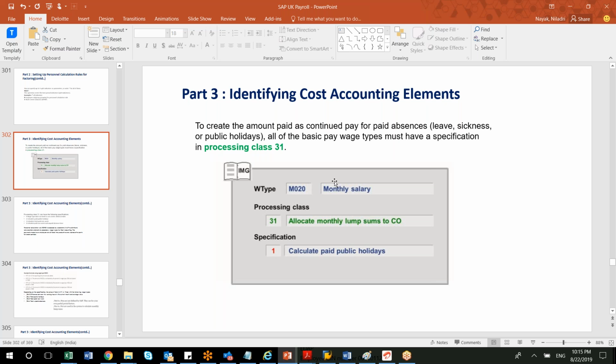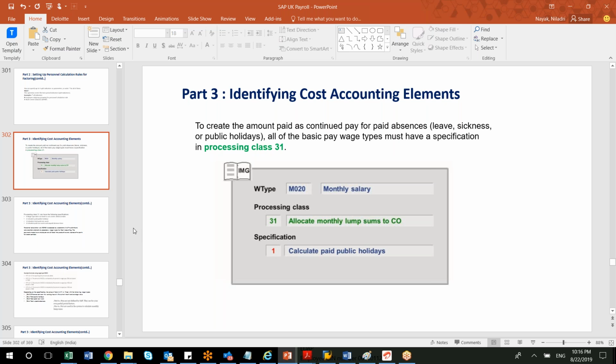Whenever you are specifying and calculating paid public holidays, a clear example for this month, if I say for India, is that you have a paid public holiday, our Independence Day. Similarly, the UK will also have public holidays for a particular month. In that case it will be mentioned as processing class 31 with the specification to calculate the paid public holidays.